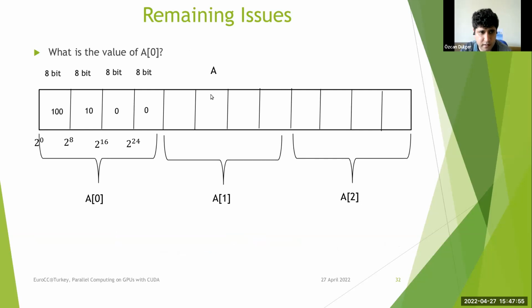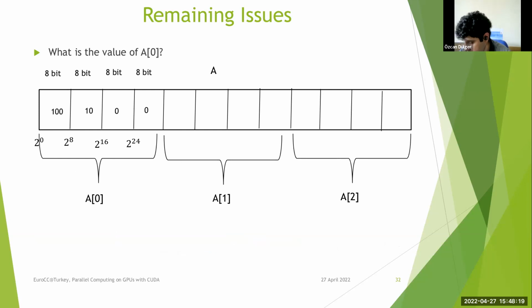Okay, now there's an example here. Assume that the first byte of the first element is 100, the second byte of the first element is 10, the third byte of the first element is 0, the fourth byte of the first element is 0. So what is the value of A0 here?